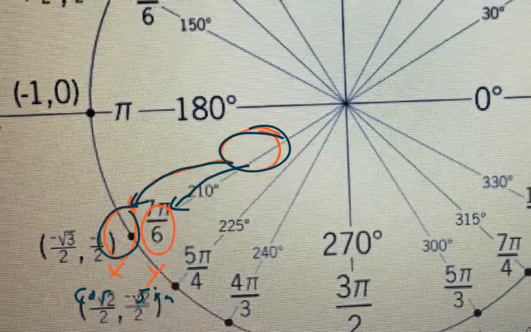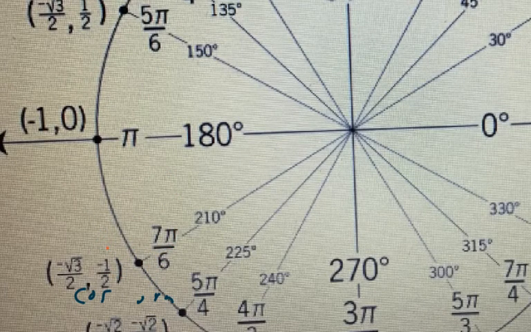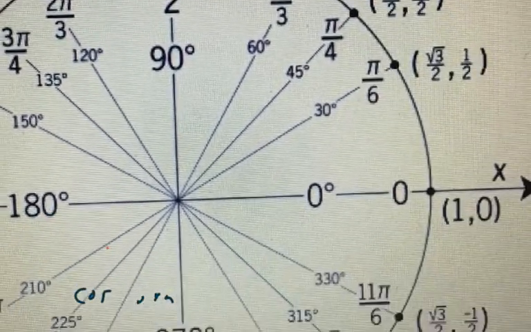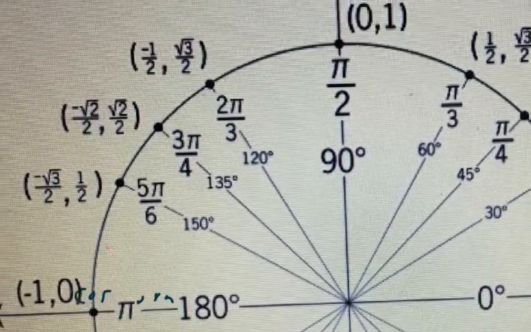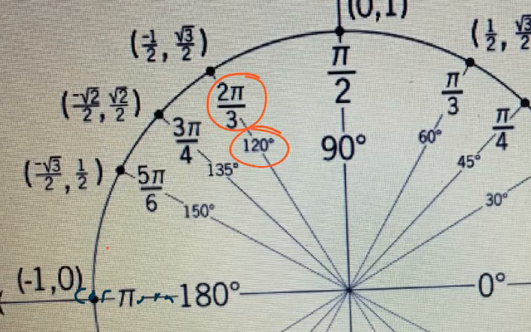So I'm going to go to my unit circle. Let me clean this up here. And I'm looking for 2 pi over 3. Do you see it? Yes. 2 pi over 3, you see, is really 120 degrees. All right? But this is what we want. We know our x is negative 1/2 there, right? We know our y coordinate is square root 3 over 2, right?